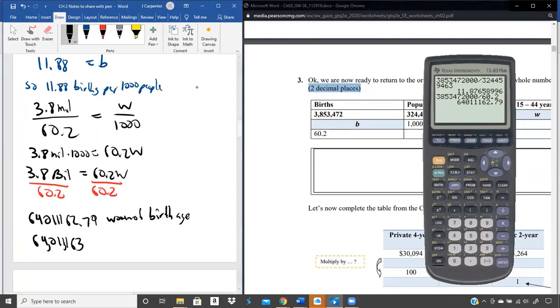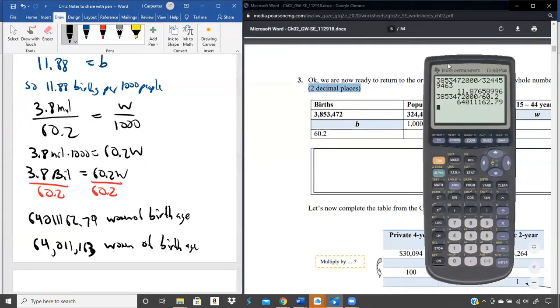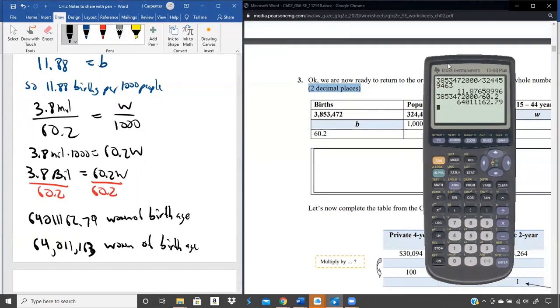I knew my comma placement wasn't perfect there. Let me just rewrite the number. I can do better than that. 64,011,163 women of birthing age. That's the answer. It's not 64 million people, it's 64 million women of birthing age.